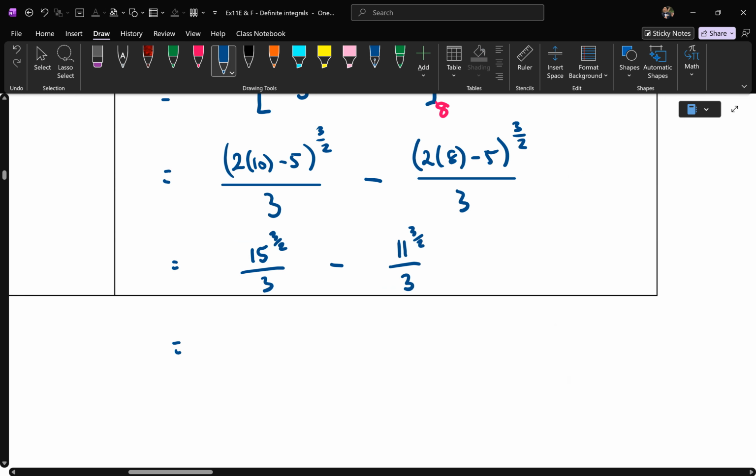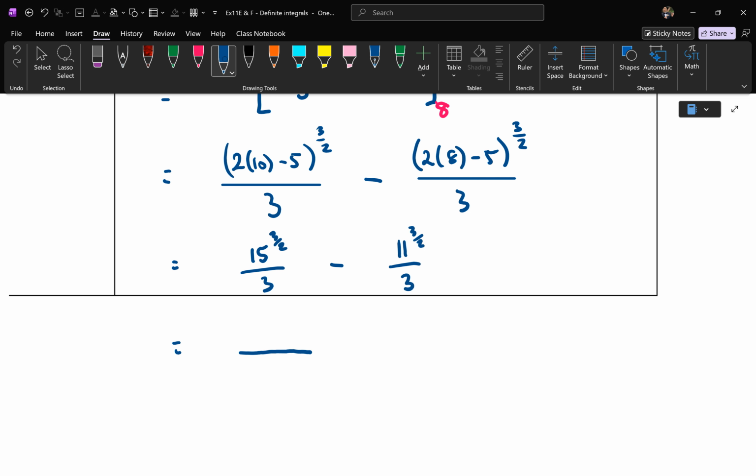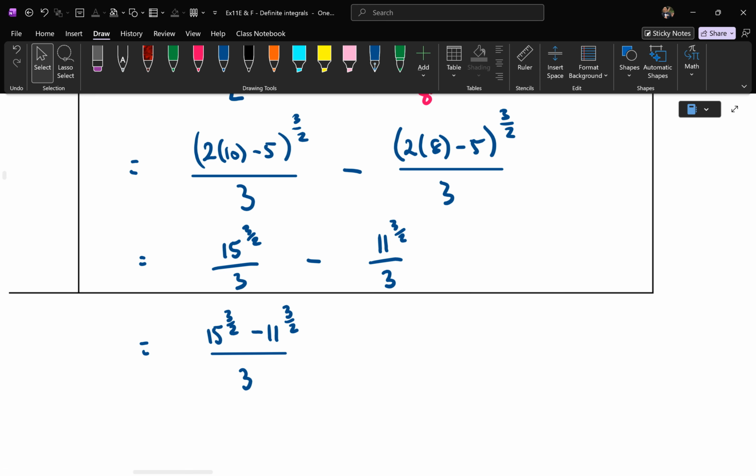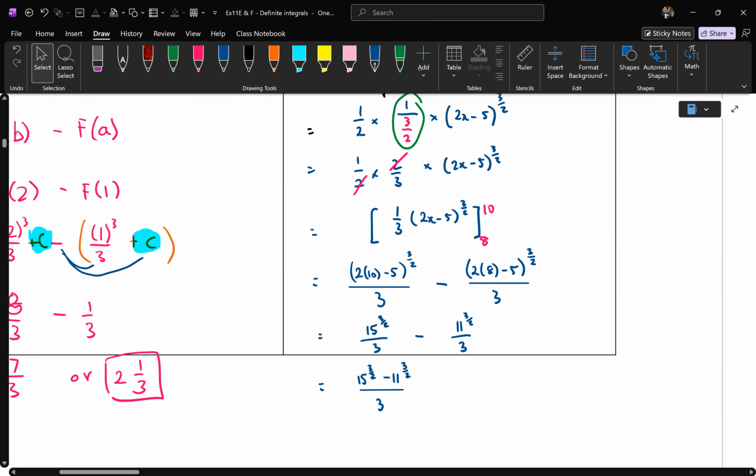And now we can combine the denominators together. They're all out of 3. 15 to the power of 3/2, take away 11 to the power of 3/2. Can I simplify that any further? 3 and 5. Did I miss out on anything?